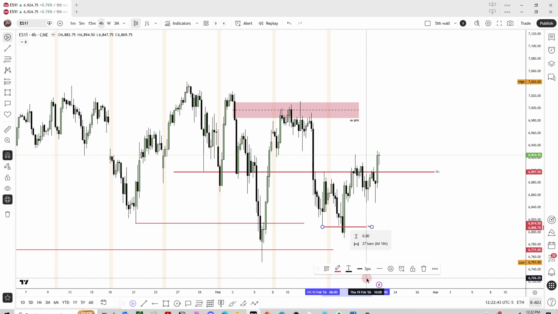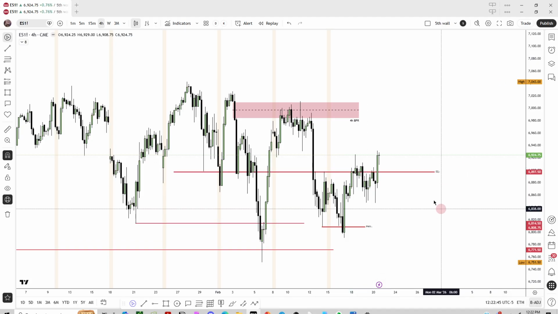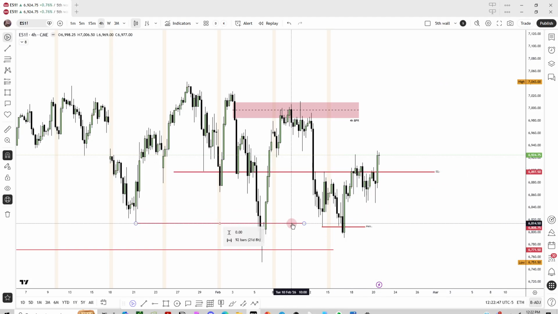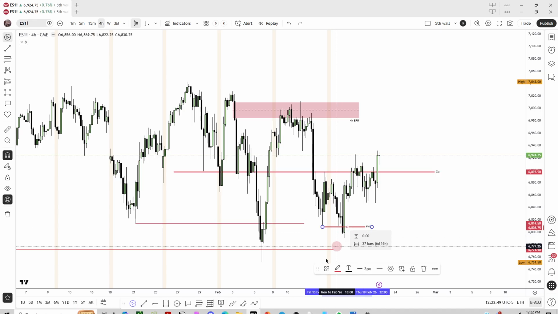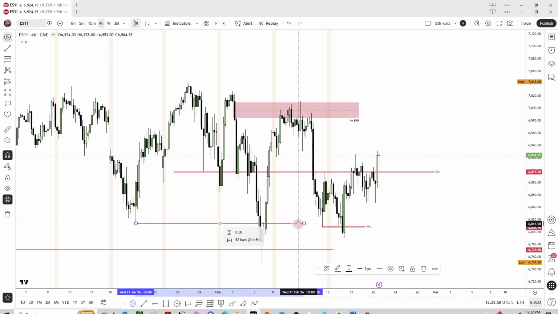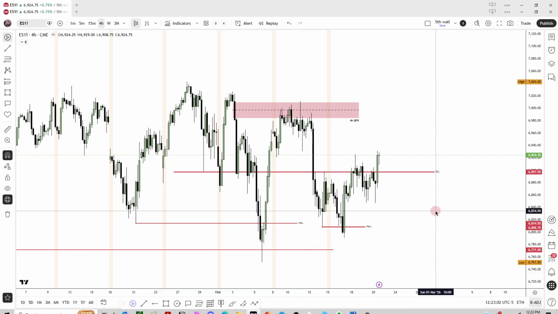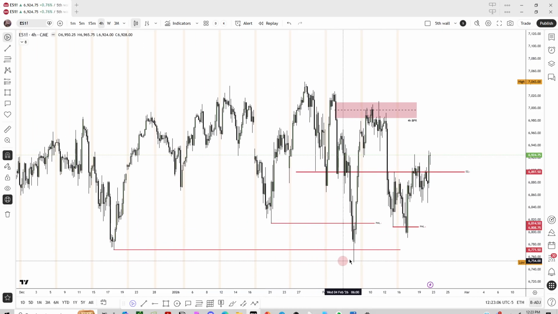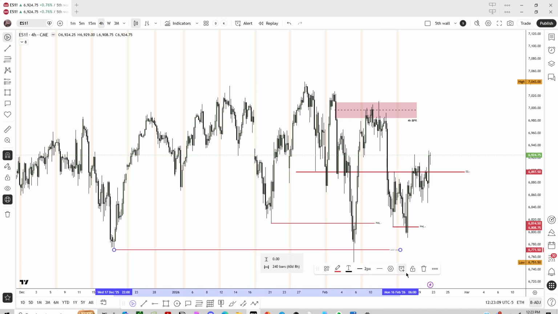So this is a big time level, definitely a key level. The previous week's low. This is also a week's low. It's not as significant, but we just write in what we see, and I'm sure this level is also a previous week's low as well.